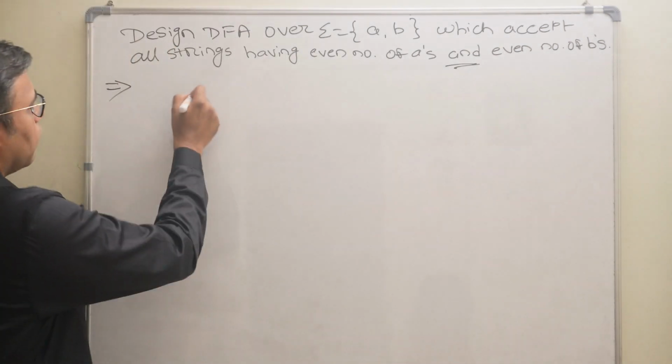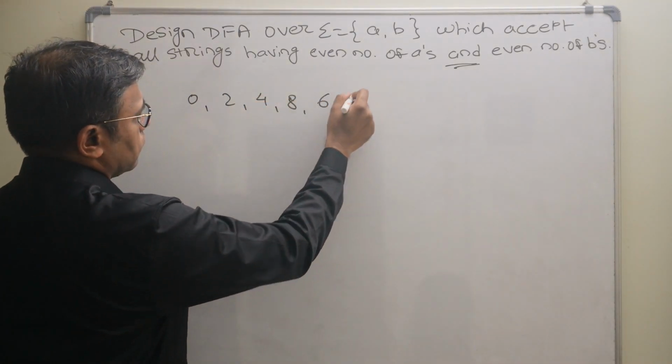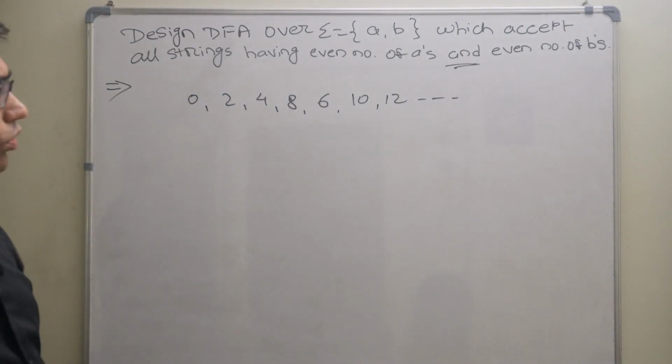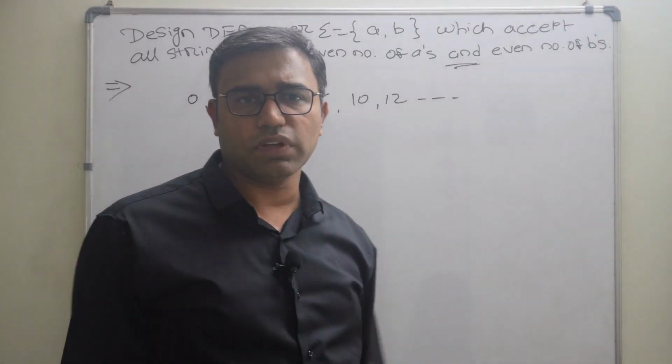So even numbers are 0, 2, 4, 6, 8, 10, 12 and so on, which are divisible by 2. So we have to find the strings containing even number of a and even number of b.